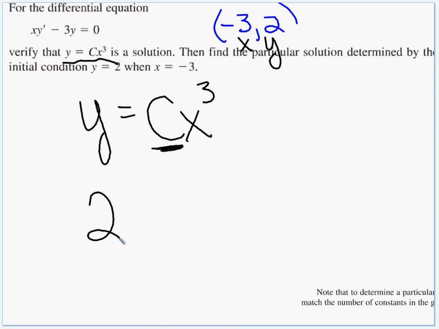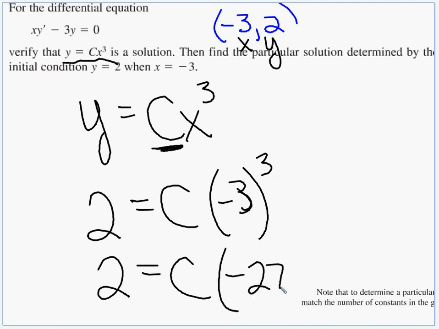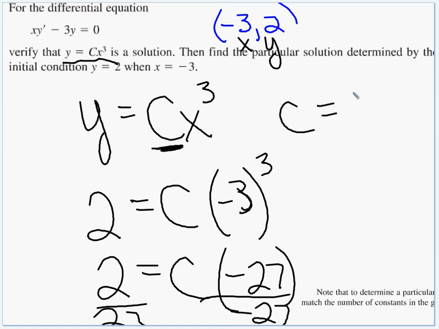So y turns into a 2, c is what we're going to find, and x turns into a 3. So 2 equals c times 3 to the third power, which is 27. Divide both sides by 27, and we get c equals 2/27.